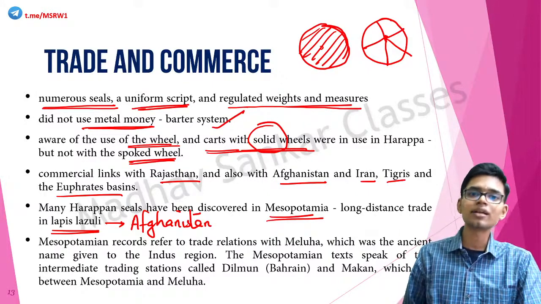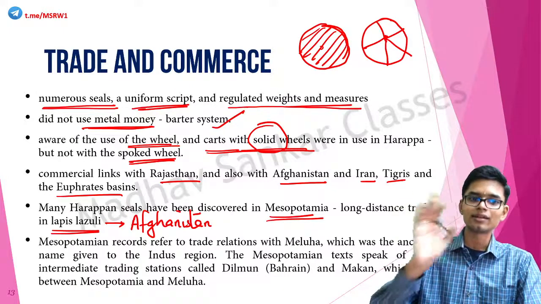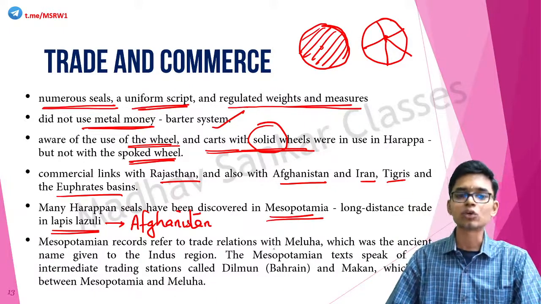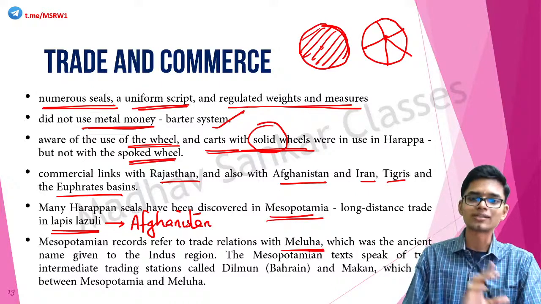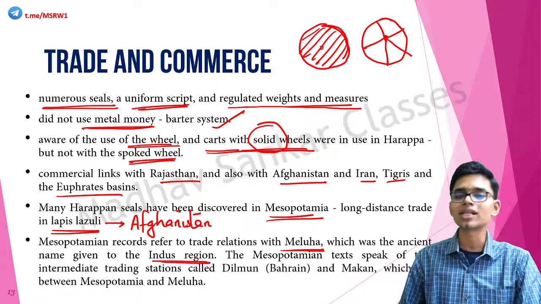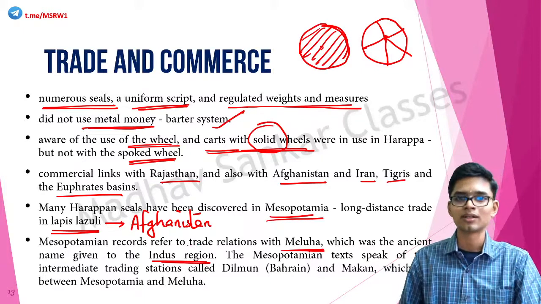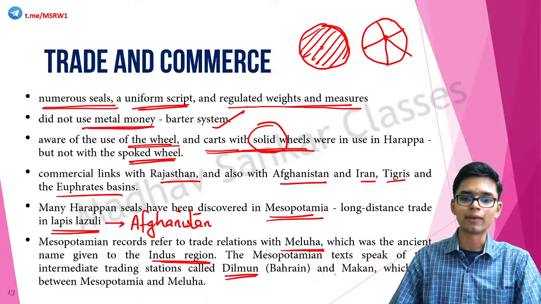In the Mesopotamian records that have been deciphered by historians, there are certain records that refer to relations with Meluha. Historians believe that Meluha is actually the ancient name given to the Indus region. These are inconclusive, but this is what historians believe. Similarly, there are two other very important terms, Dilmun and Makan.